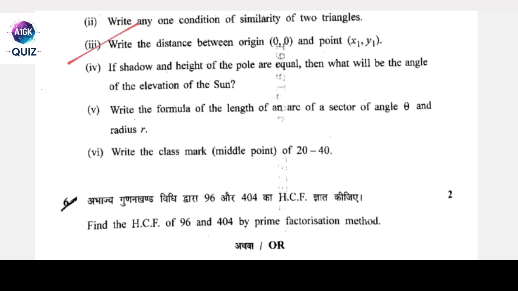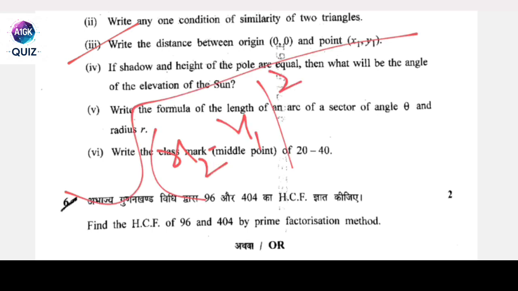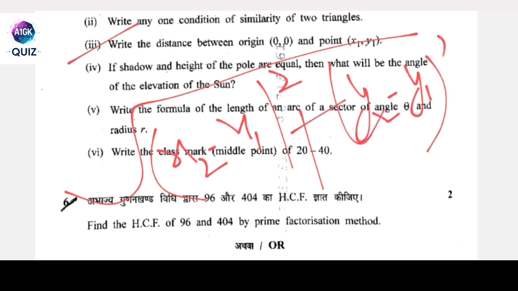Find the distance between the origin and the point x1, y1. By using the distance formula, that is square root of (x2 minus x1) whole square plus (y2 minus y1) whole square. By putting the first point x1 and y1 equal to 0, here 0 and here 0, and the other point x1 y1, that is x2 and y2.